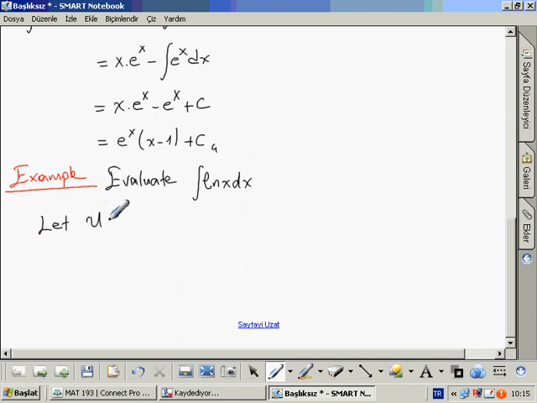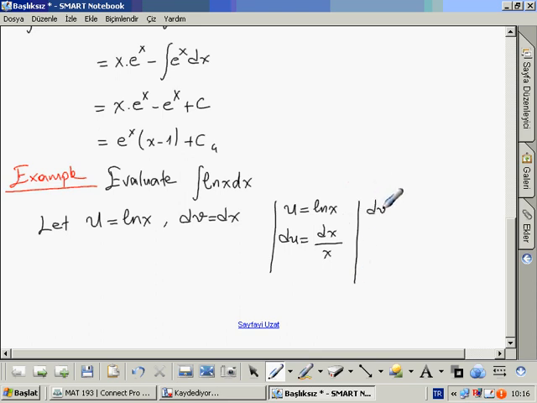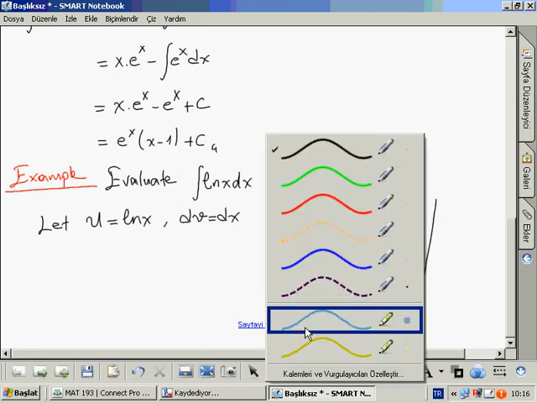Let u equal ln x and ∂v equal ∂x. After that, if u equals ln x, we know that ∂u equals ∂x over x. If ∂v equals ∂x, so v equals x.